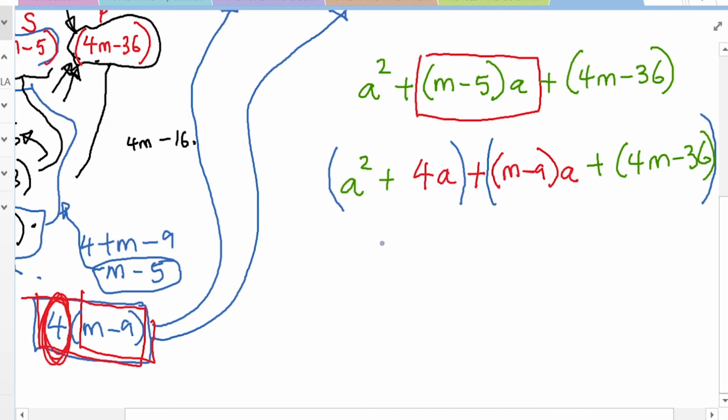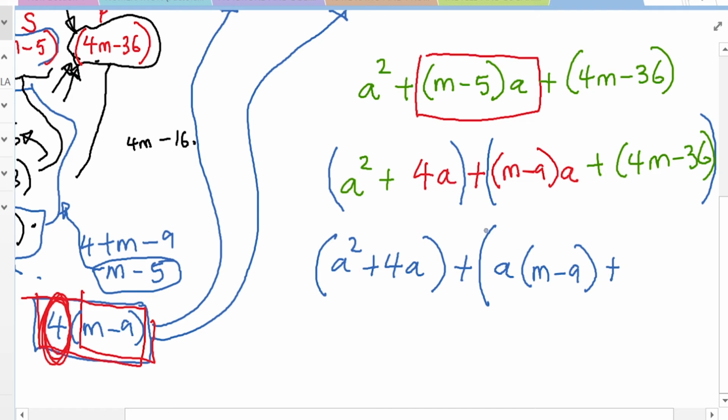So let's try and simplify this further. This becomes a squared plus 4a, okay, plus in brackets. So here we have, let's put a into m minus 9 plus, this is like a big bracket right there, plus let's put 4 outside the brackets here, 4 into m minus 9, okay, like that.